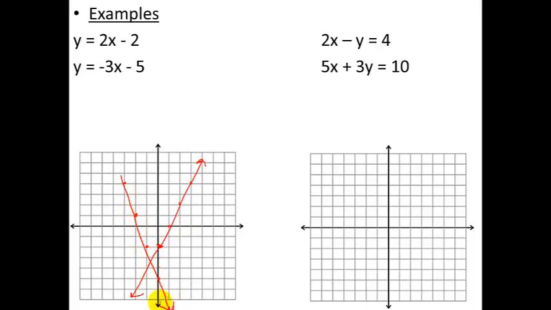And you can see when you graph these by hand, it's not nearly as nice as when you graph them on Desmos. But I can see that my solution is right here. And so I might have to take a guess, like negative 0.5 as the x-coordinate, and the y-coordinate negative 1, negative 2, negative 3, maybe negative 3.5.